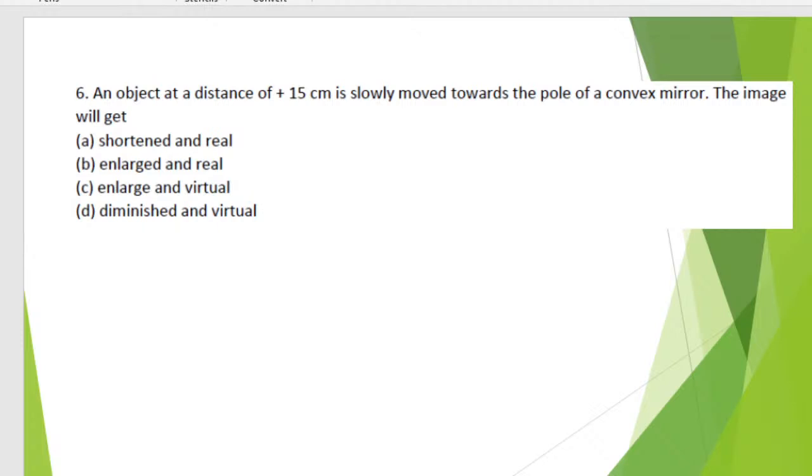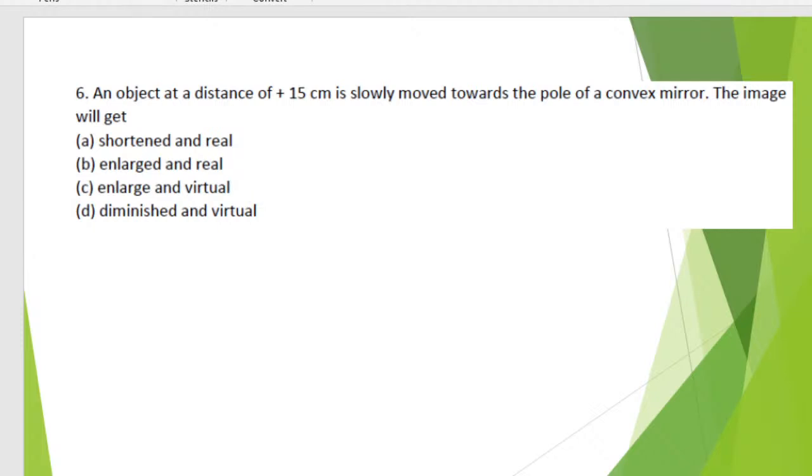You can read it as 15 centimeter, not plus 15 centimeter, otherwise it will violate the sign convention we have discussed. So it is just an object at a distance of 15 centimeter from the mirror. That is the question.